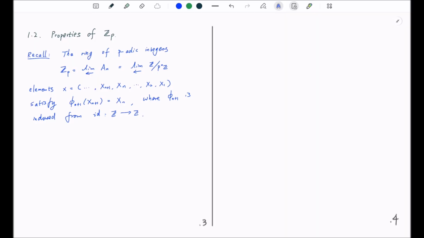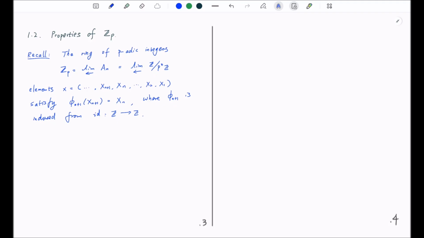In this section, we'll talk about properties of Z_p, the ring of p-adic integers. Recall that the ring of p-adic integers Z_p is the inverse limit of A_n, where A_n is the ring Z mod p^n Z. Specifically, the elements in Z_p are infinite sequences satisfying the compatibility condition that phi sub n plus 1 of x sub n plus 1 is equal to x_n.